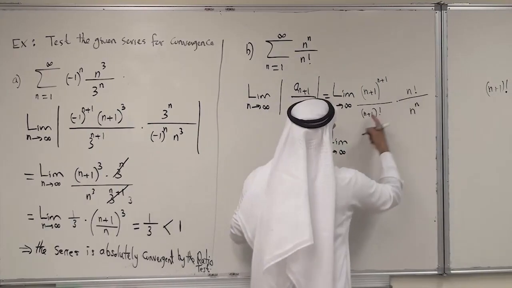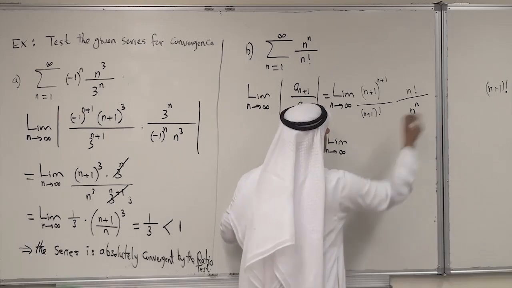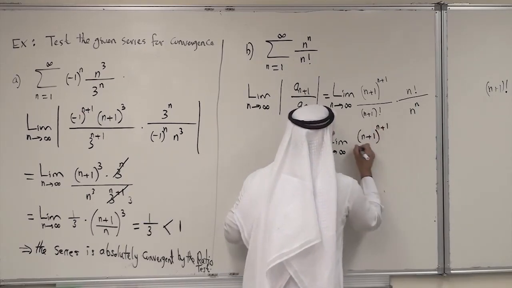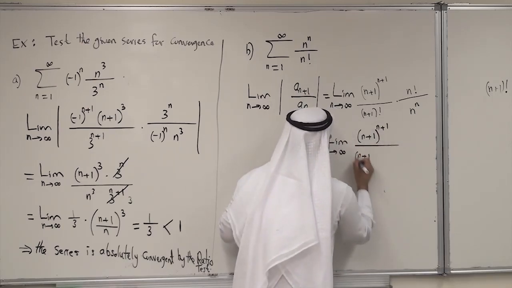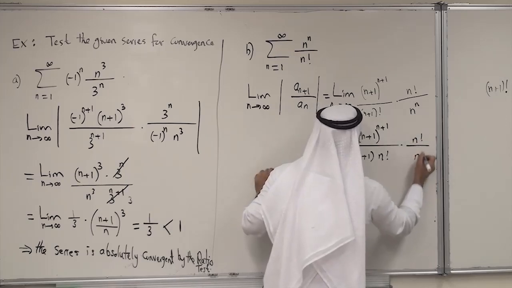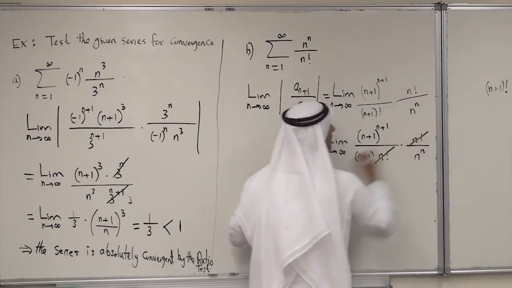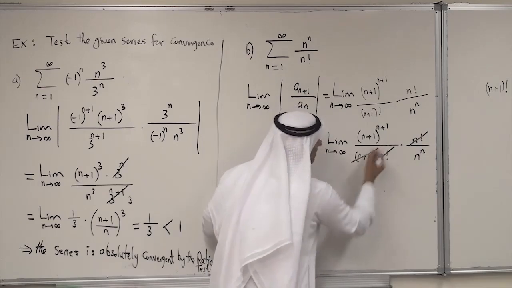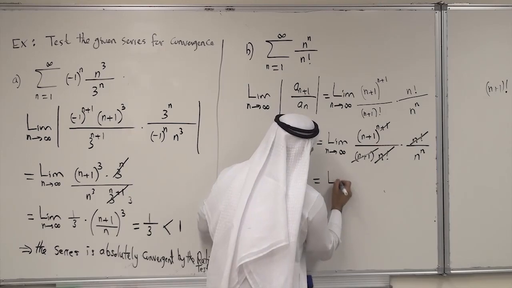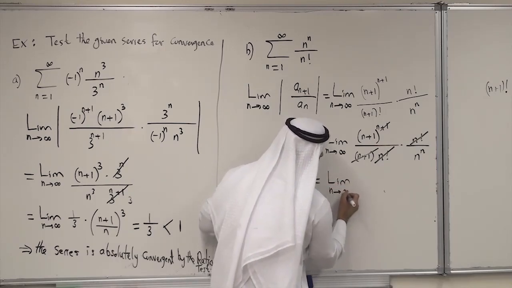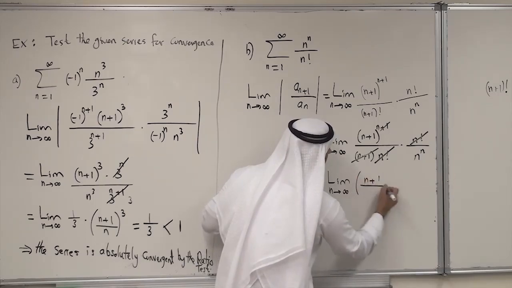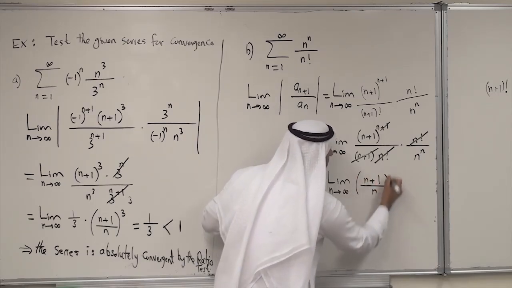I will replace (n plus 1) factorial by n factorial times (n plus 1). So we have (n plus 1) to the power n plus 1 all over (n plus 1) times n factorial, multiplied by n factorial divided by n to the power n. Look, n factorial cancels with n factorial. One of these (n plus 1) powers will cancel with n plus 1. So what is remaining is the limit as n goes to infinity of (n plus 1) divided by n, all to the power n.